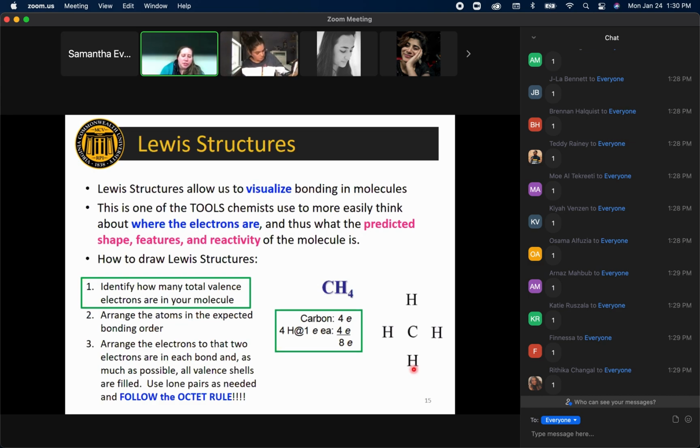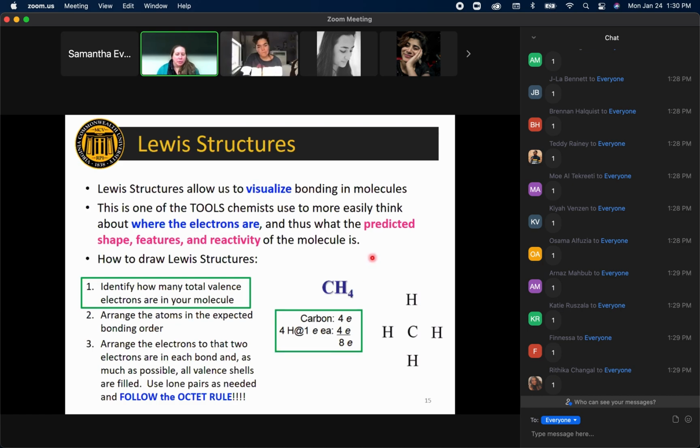If we have 2 electrons in every bond, and we have to follow the octet rule, we can't go beyond 8 electrons for each atom. That means no atom can have more than 4 bonds around it. So we're okay with methane because we have 4 bonds around this carbon. Well, we don't yet, but we're about to draw them in.